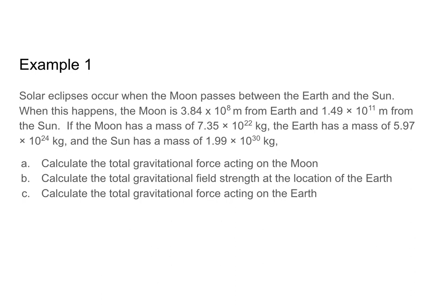Let's start by drawing the sun. I'm going to draw the sun as a little star. We have the Earth, which I'm going to make a nice blue dot. And we have the moon, which I'm going to make a little smaller black dot, because it's really important that we know that the moon is between the Earth and the sun for this question.